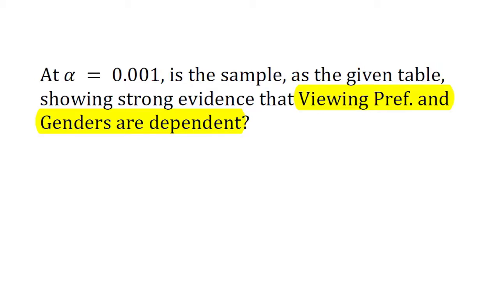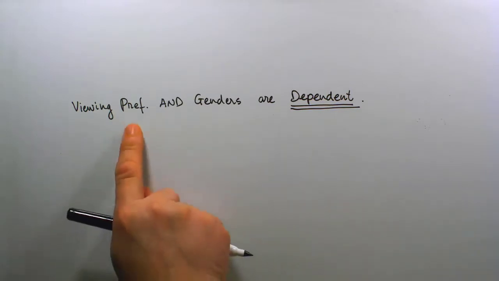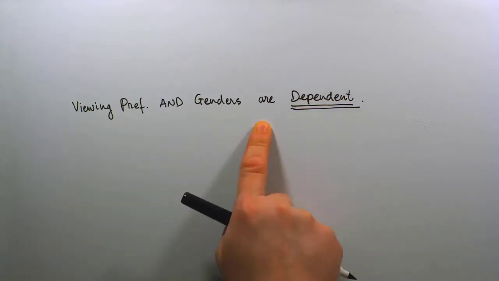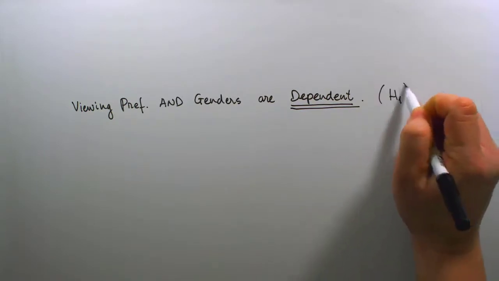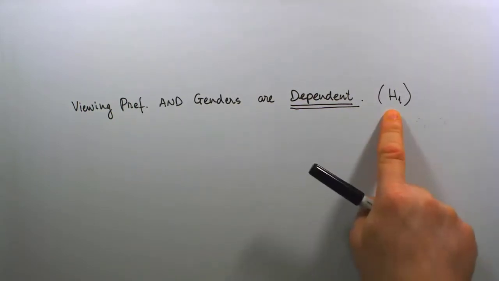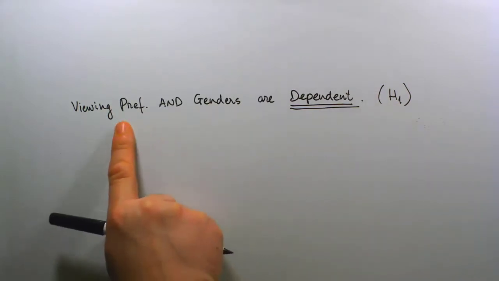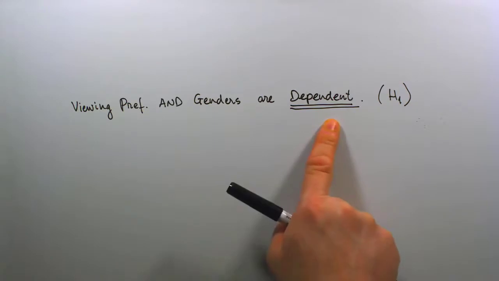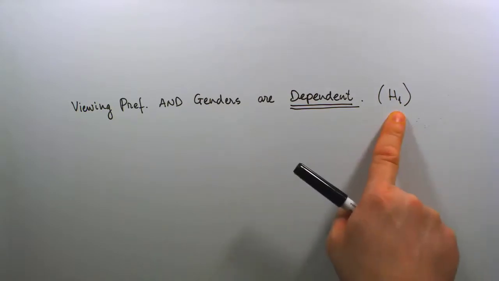From what we have learned about testing a hypothesis, with this statement as the statement we are trying to prove, we can regard this as H1. So viewing pref and genders are dependent. This is the statement we're trying to prove according to how it was worded in the question, and I can simply take that as H1, the alternative hypothesis.